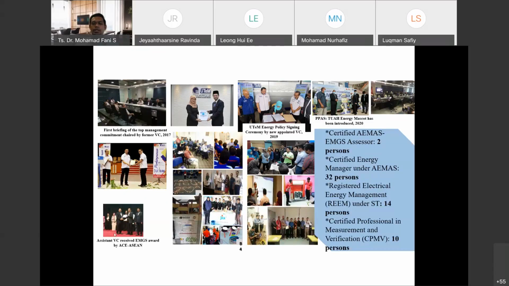Okay, these pictures show several activities that have been done at the level of the top management, and for sustainability, that's the succession plan. The former Vice Chancellor Datuk Sharin to Datuk Wira Dr. Raha. Okay. That's the signing ceremony for the newly appointed VC in 2019.